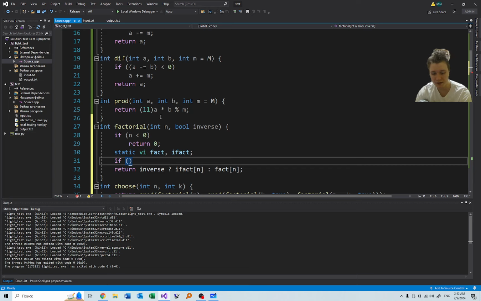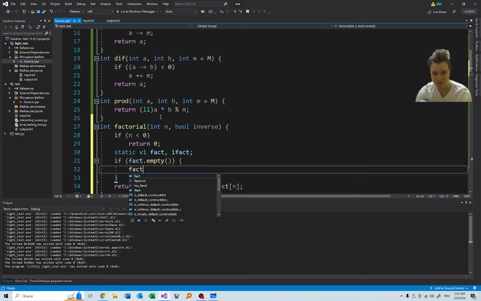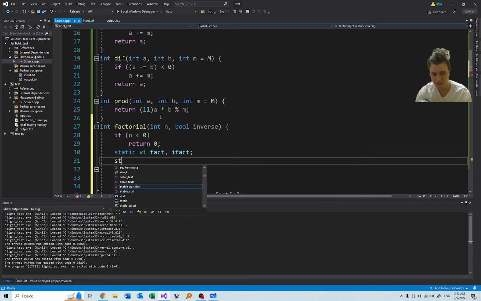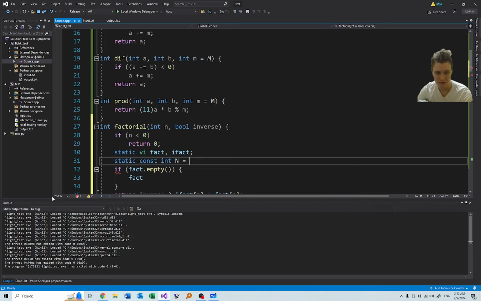However, we cannot do it if factorial is empty. In this case, we need to recalculate all of it. I think 300,000 should be enough.